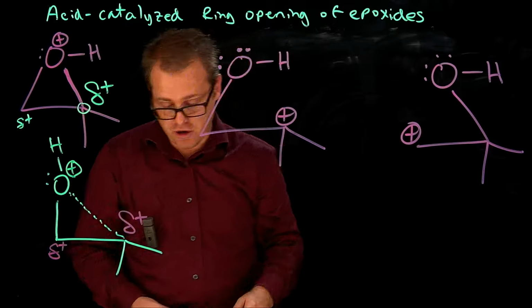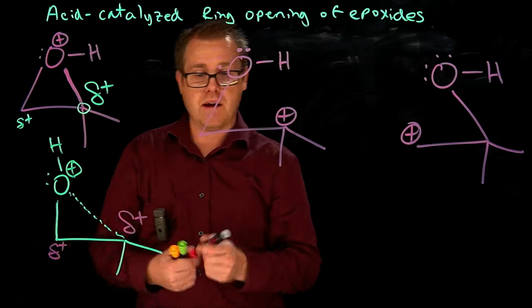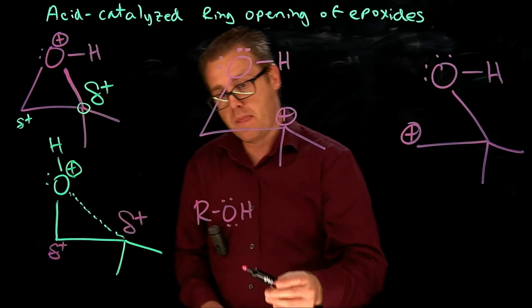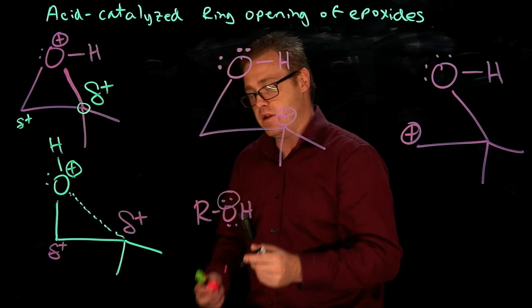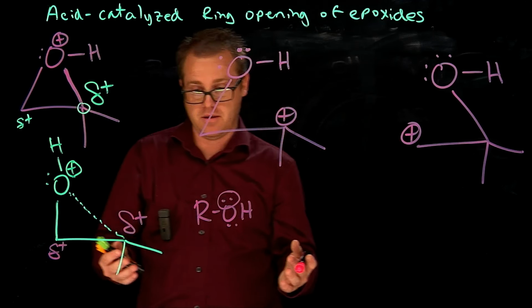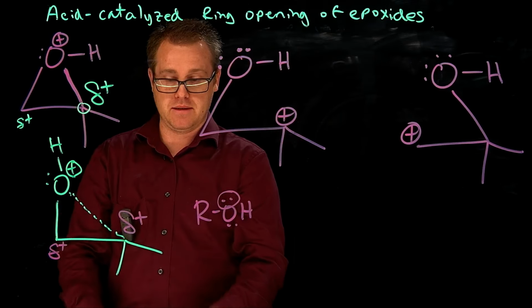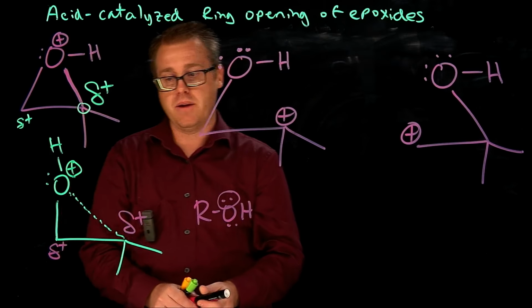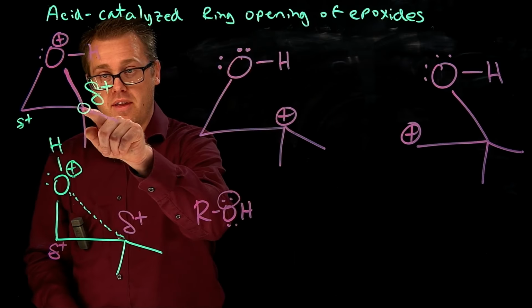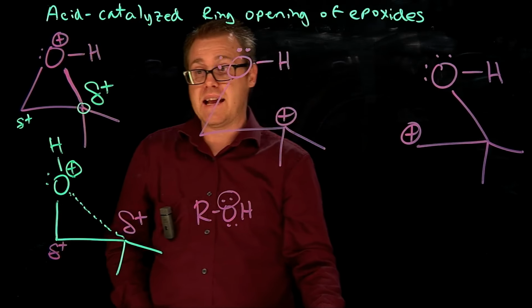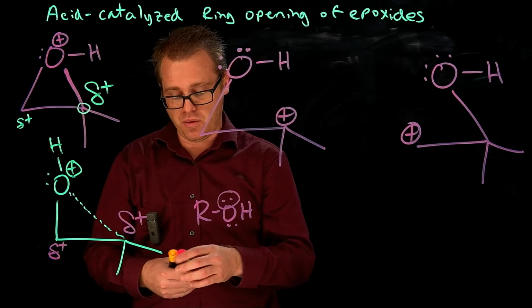And so when we have our nucleophile floating around, which was our alcohol, this lone pair right there is going to be attracted to which carbon? It's going to be attracted to the one that's more partially positive. And so it's going to go for this carbon, and it goes by the same mechanism, an SN2.